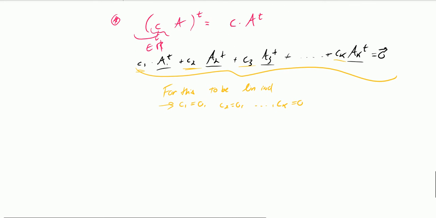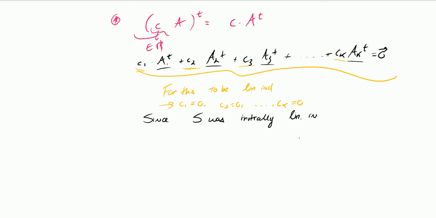So since S was initially linearly independent, C1 is equal to C2 is equal to ... is equal to CK is equal to 0.